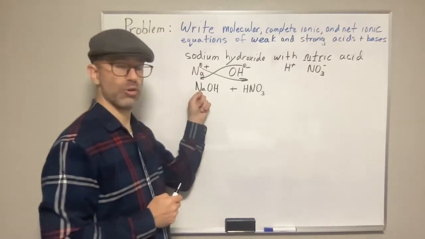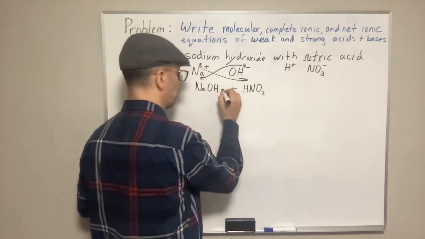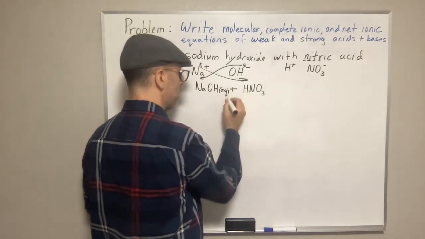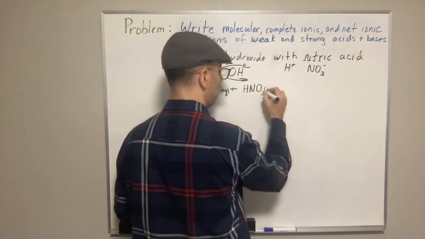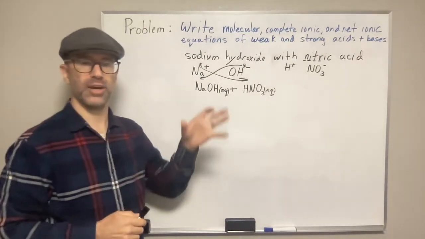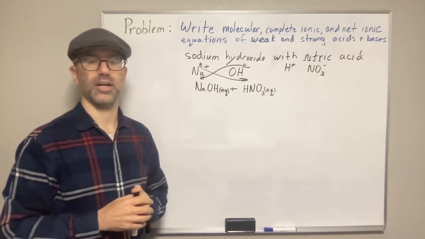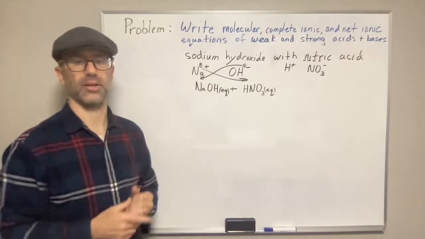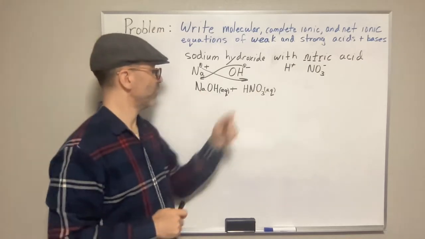So here we have a group 1A metal, so it is aqueous. And this is going to be aqueous as well. The acid and base are typically aqueous when you're mixing them. Usually you have a beaker of acid and a beaker of base, and you mix them together to get their reaction. Okay, so here we have our reactants.